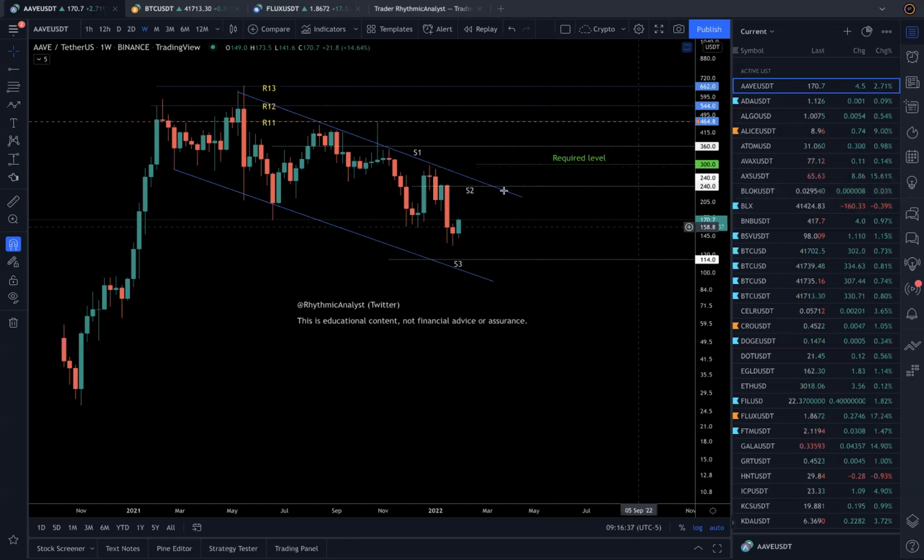Okay, so I don't have to mention it, it's in the video. Anywhere you see a green level or a green label, that's basically our required level. The label matters. And what does it mean? It also means that the bounce could be up to the required level, and that bounce could be a significant bounce for some of the coins.